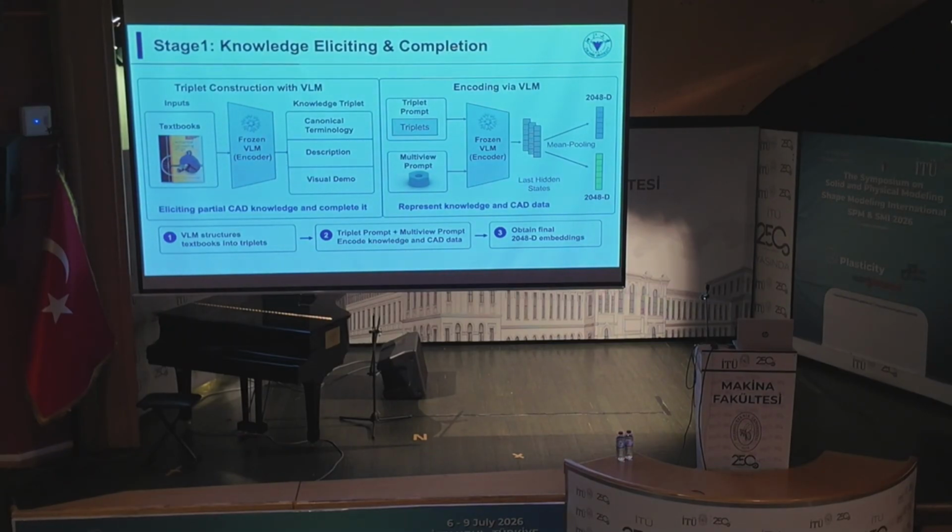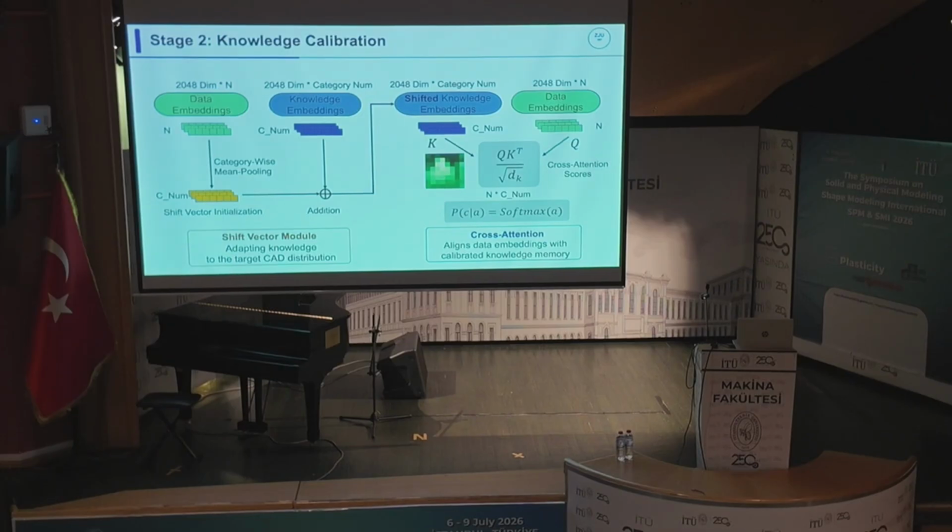Then, both the knowledge triplets and CAD model views are encoded by a VLM encoder, which gives us data embeddings in the latent space. The goal of this stage is to represent external CAD knowledge in the foundation model in the latent space of a VLM.